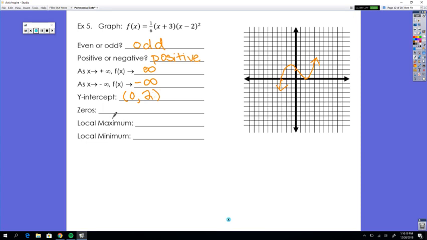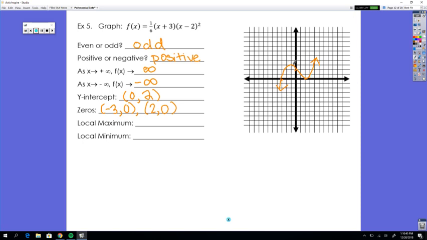Our local maximum, or actually, sorry, our zeros are -3, 0, and 2, 0. You can see that our -3, 0, it crosses through the graph because this has an odd exponent, and this one, it bounces off the x-axis because of our even exponent.